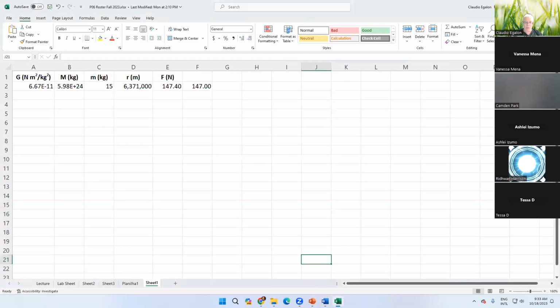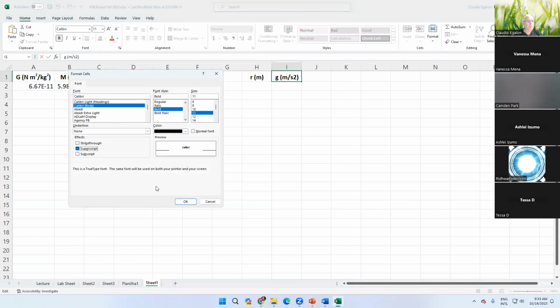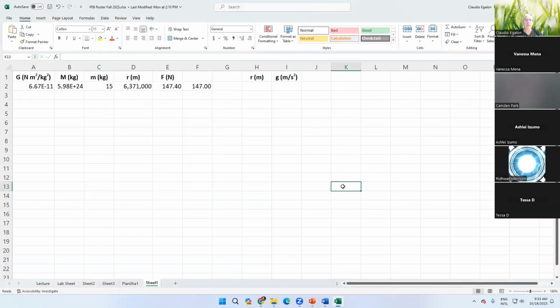We can do that. I always do this plot for my students. Here you go. A distance from the center of the Earth in meters, g in meters per second squared. We should start at this value right here.